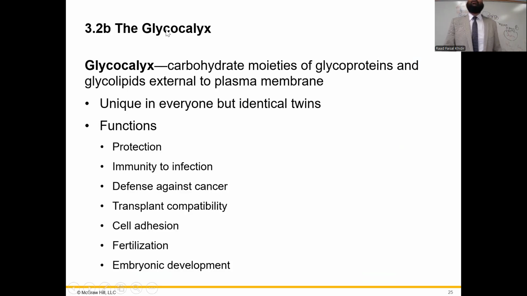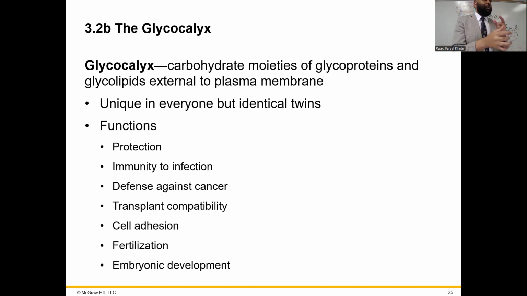Okay, now the glycocalyx. We said that the glycocalyx is a layer of sugar where you have sugar binding to lipids on the plasma membrane, or sugar binding to proteins on the membrane. Glycoprotein, glycolipid, we screen them.